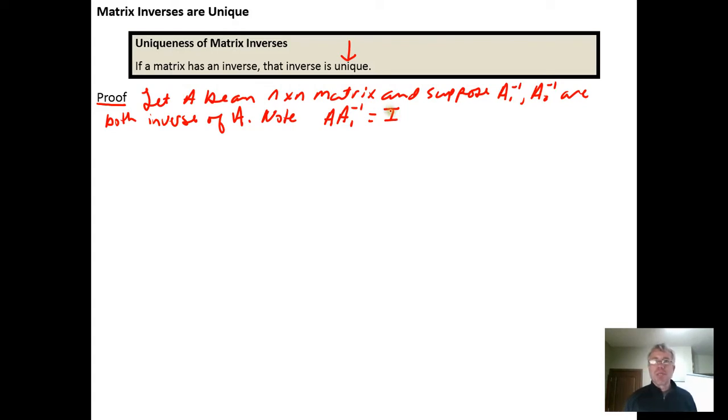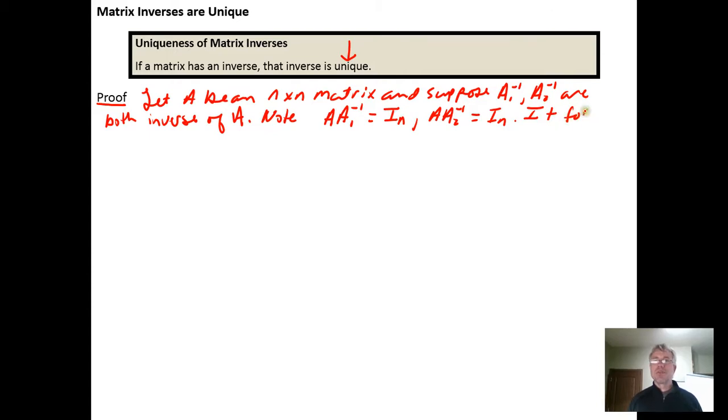So we would subscript the I, which is the identity matrix, with the n, saying it's the n by n identity matrix. So note that A times its inverse equals the identity matrix, but because A sub 2 is also an inverse, we know that if we multiply A times A sub 2 inverse, that will also get the identity matrix for n by n matrices. And if both of them are equal to the identity matrix, then by the transitivity of equality, it follows that they must be equal to each other.